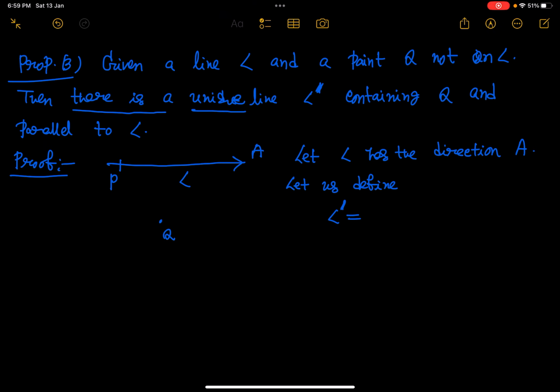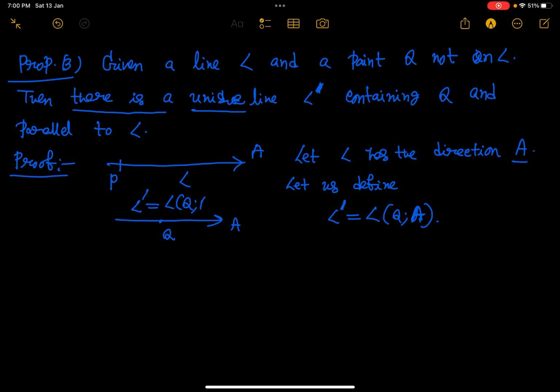So what is a line containing Q parallel to L? If this is the direction capital A, then by the definition of a line, this is one such line that contains the point capital Q and goes along the direction of capital A. So what is L dash?